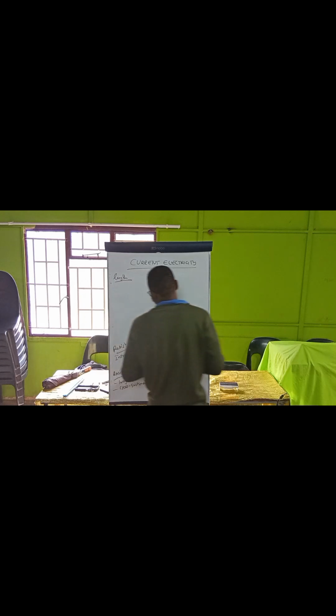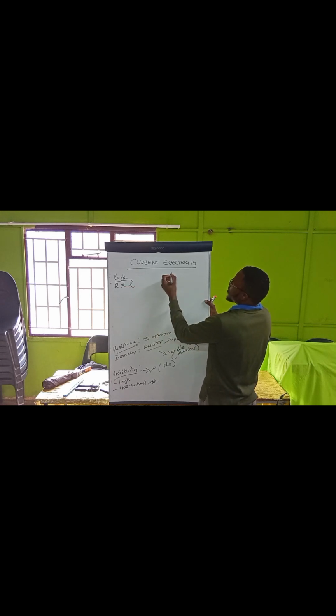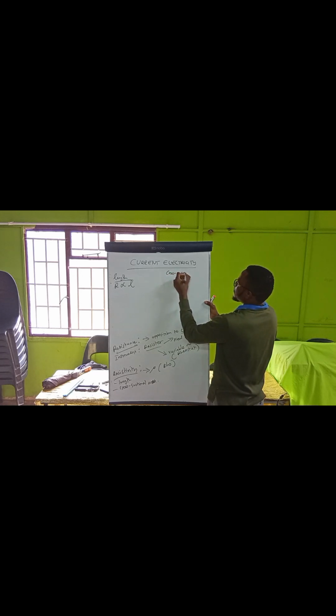So mathematically you can represent this like that. R is proportional to L for length, then for cross-sectional area, there is an inverse relationship.